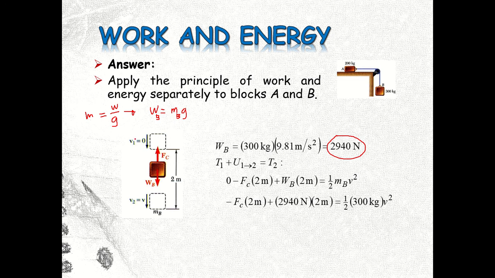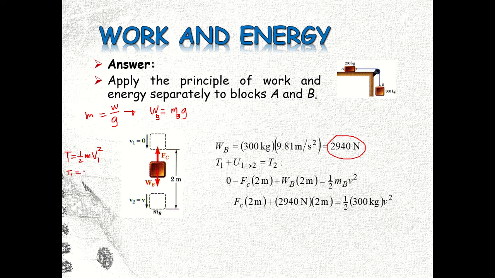Since V1 is 0, from the kinetic energy formula T equal to 1 half m v squared, 0 multiplied by m multiplied by 1 half, naturally our T1 is also equal to 0.